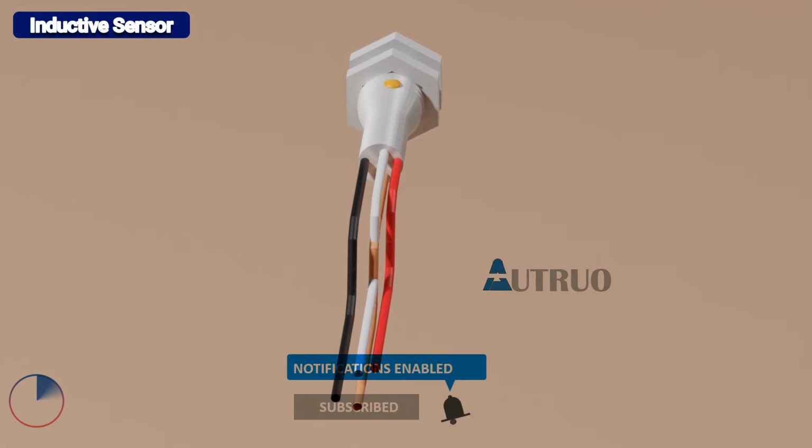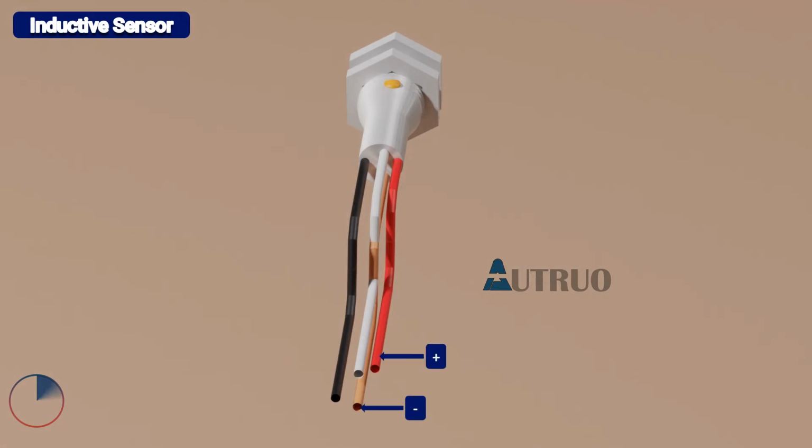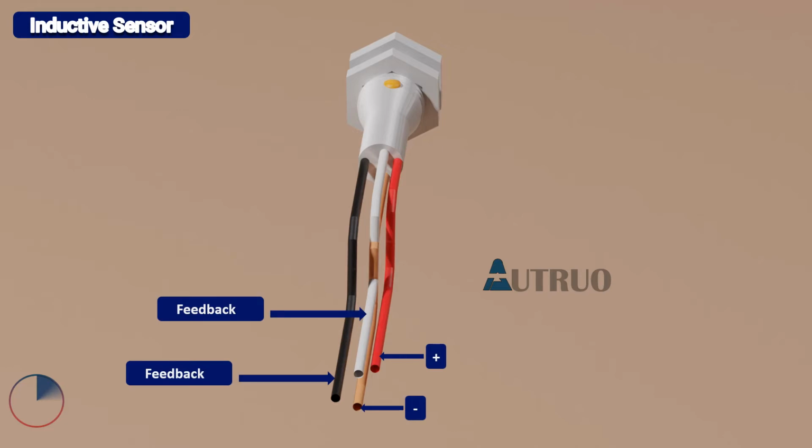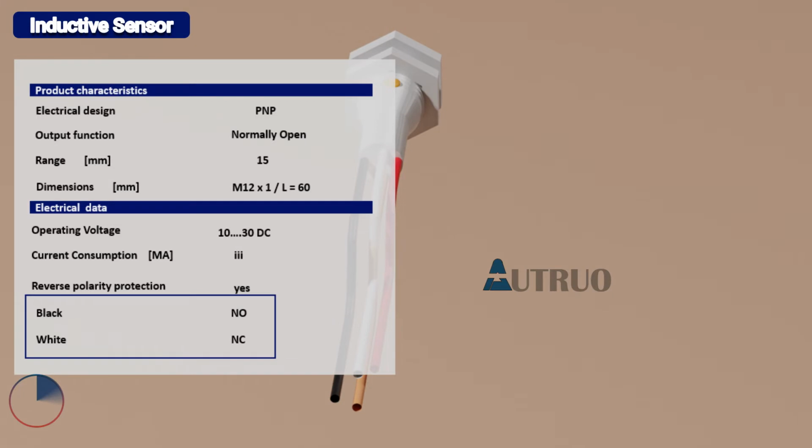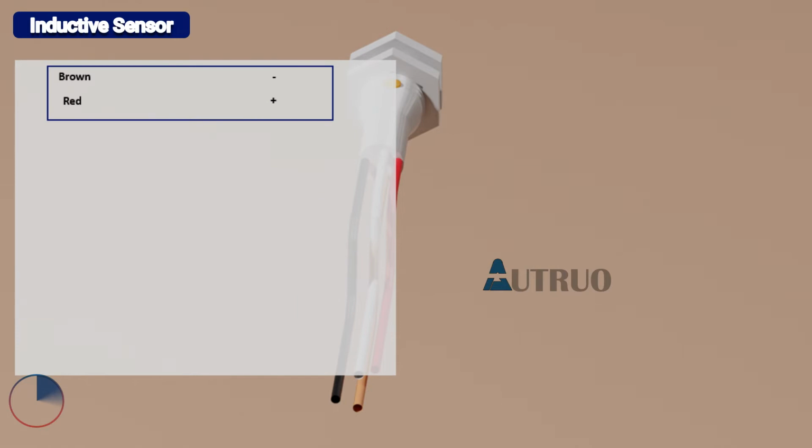The cabling point contains the two power supply cables and the two feedback cables. Again, special attention should be placed on the data sheet, because there are some sensors that come with only one feedback cable while others come with two. The data sheet will tell which of the cables is normally closed or normally open. The cable polarities can also be gotten here.